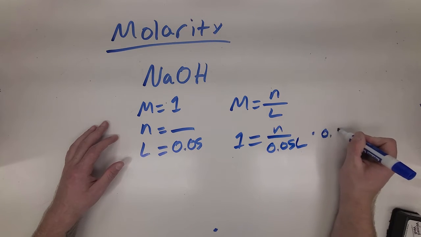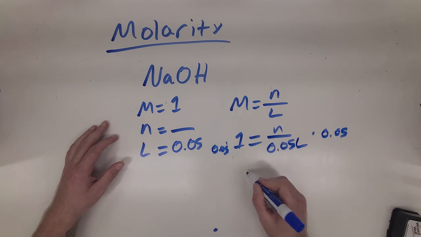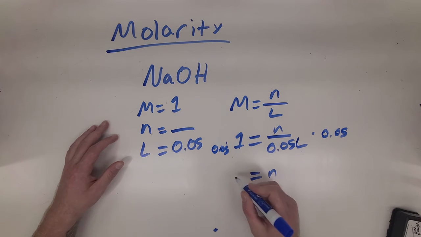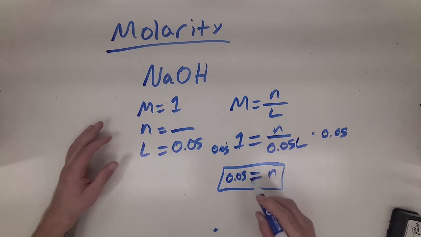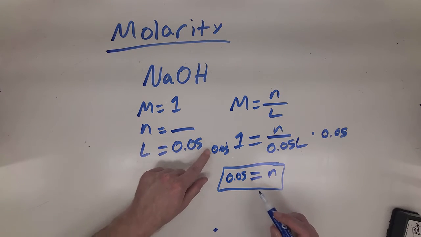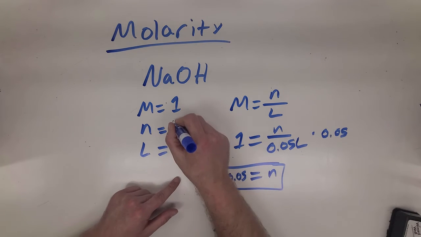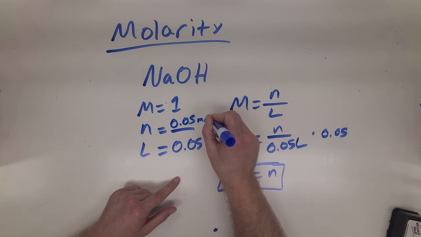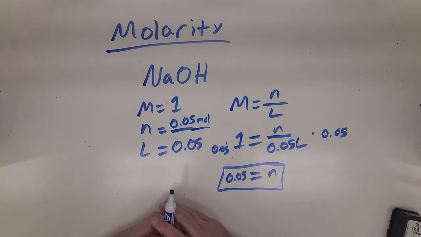Just multiply both sides times 0.05, and that comes down to 0.05. So that would say that at 1 molarity of sodium hydroxide, if we had a sample of 0.05 liters of that sample, we would also have 0.05 moles of that substance dissolved in that sample.